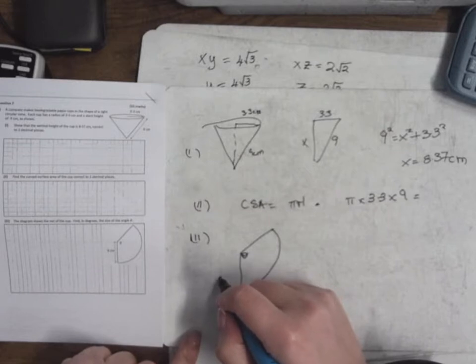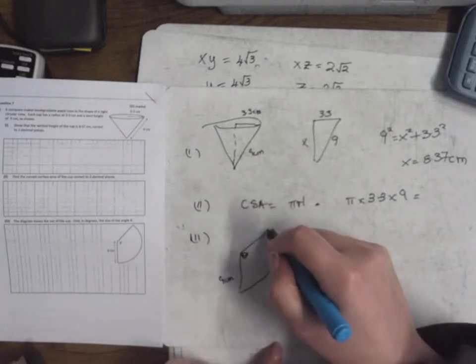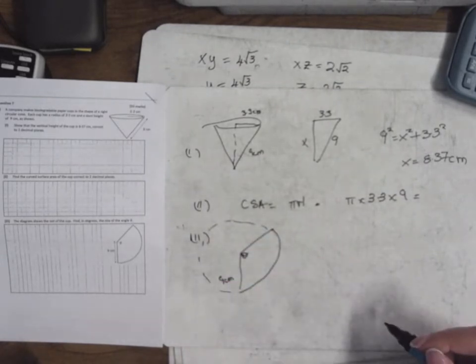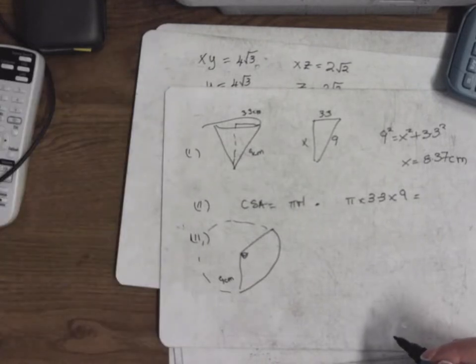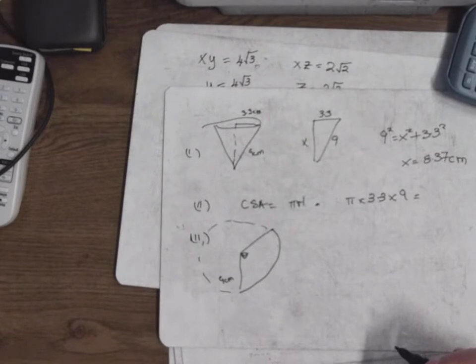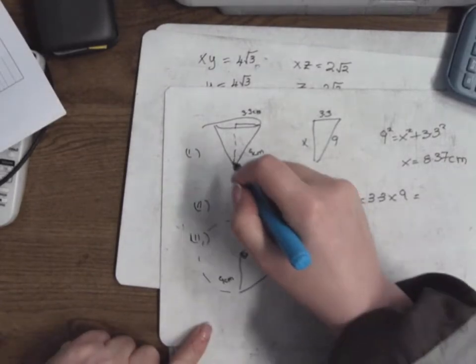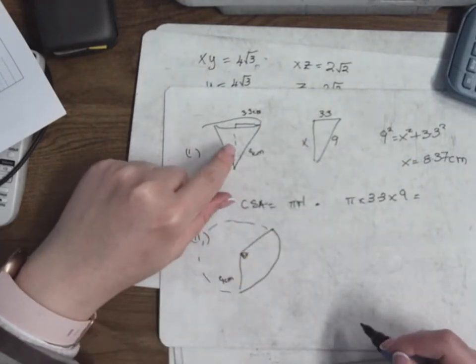So this is 9 centimeters. Okay, so that's part of a circle, right? Find in degrees the size of the angle theta. I need more information, do I? Oh no, I have that. Right, that's that cone up there, isn't it? So what does this measure? When I flatten that out, what would that measure?